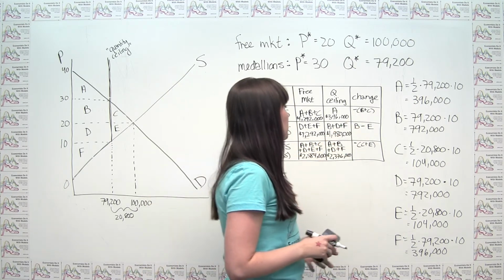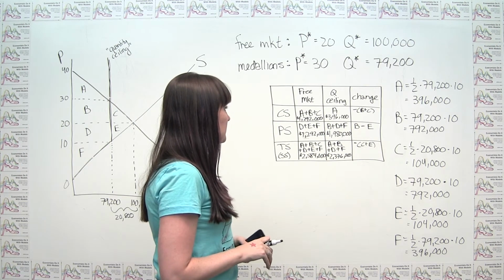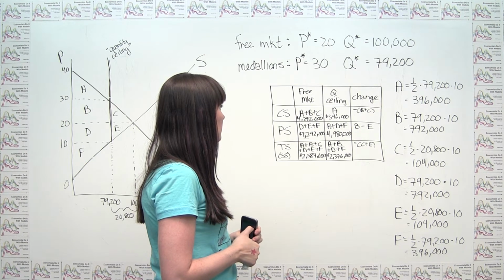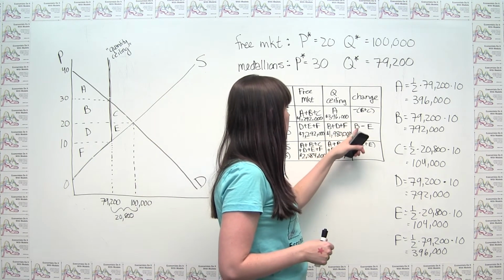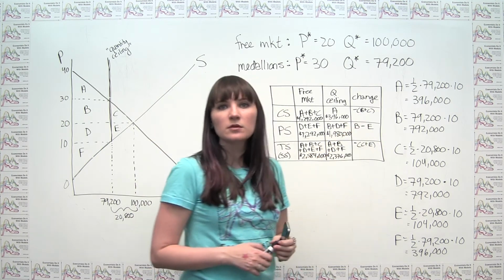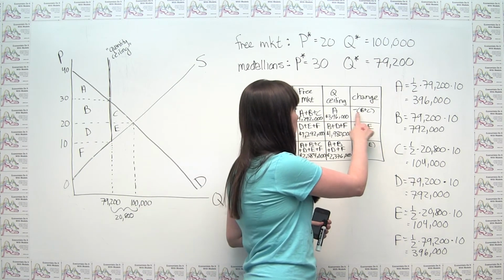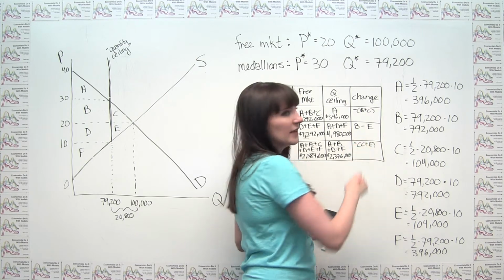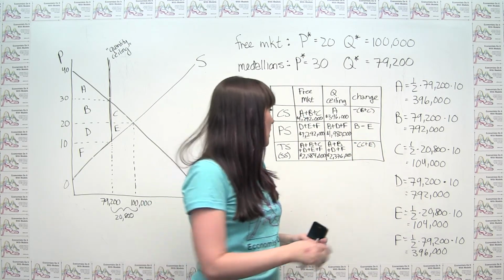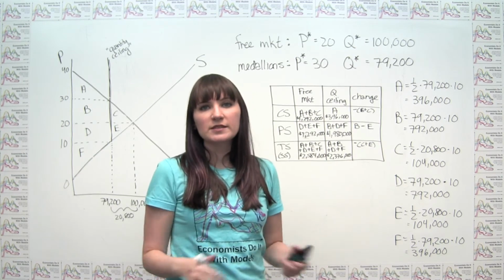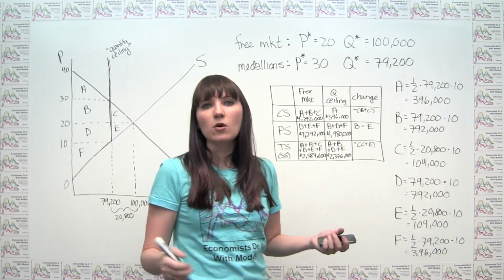And we can think about what these areas mean. We could see that, for example, area B was a transfer from consumers to producers because of this quantity ceiling, because we see that it's being lost by consumers and gained by producers. And we could also see that this area C and E is what goes into essentially our economic black hole, right?